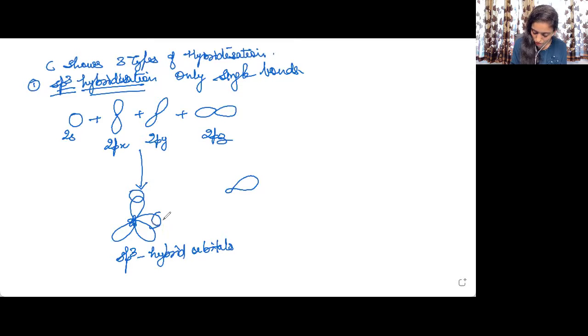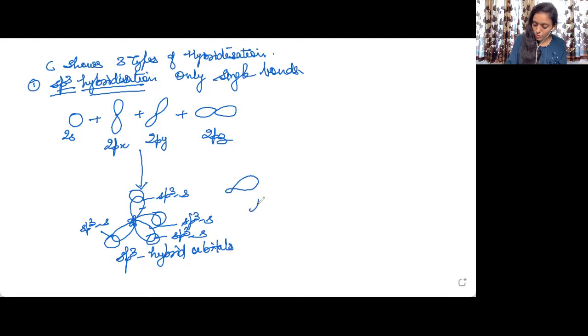So this is CH bond, CH bond, CH bond, and CH bond. So this bond is sp3-s sigma bond because this orbital is an sp3 orbital. This bond is sp3-s bond, this is sp3-s bond, and this is sp3-s bond. So I think this much should be clear to you.